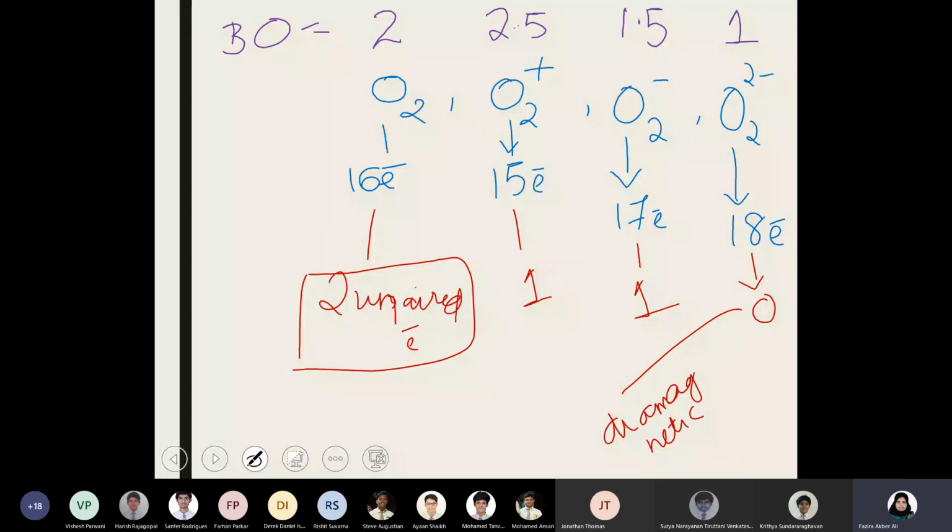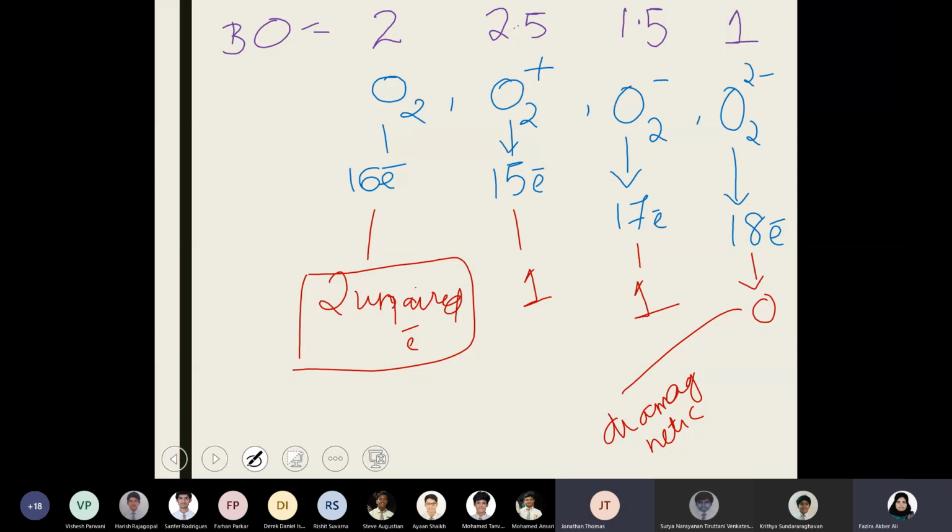But anyway, this is not a completely perfect theory, but it could explain some of the properties, like the formation of molecular orbitals, etc. That concept was new at the time when it was introduced. I hope MOT is clear to all of you.